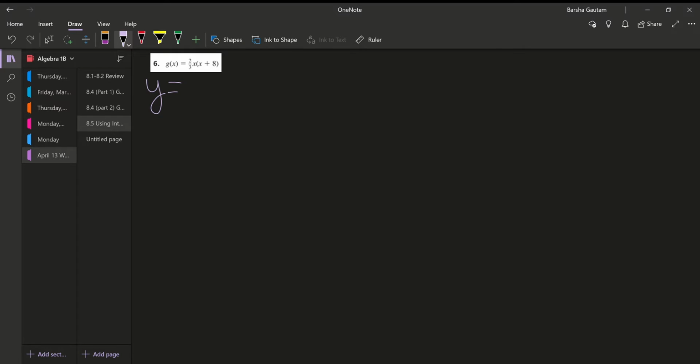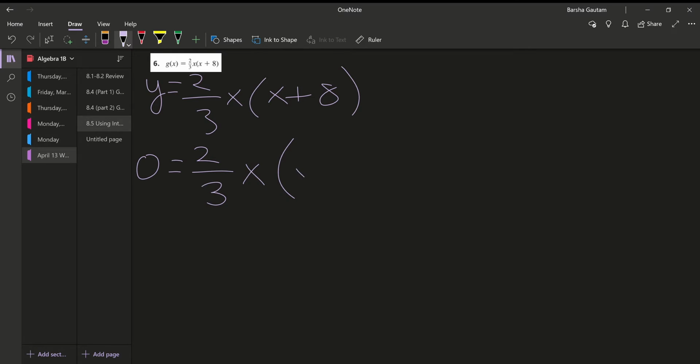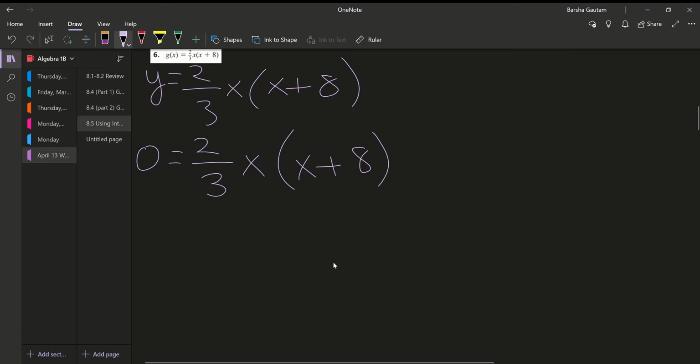So let's have y is equal to 2 over 3x times x plus 8. We're going to make y equal to 0 to figure out what our x-intercepts are. If y is equal to 0, that means that whatever we get for our x is going to be our x-intercepts.